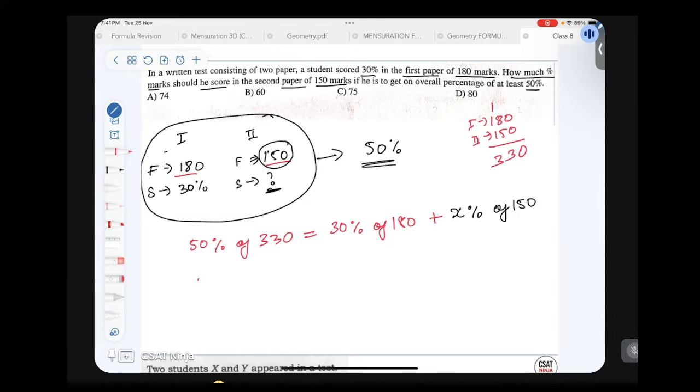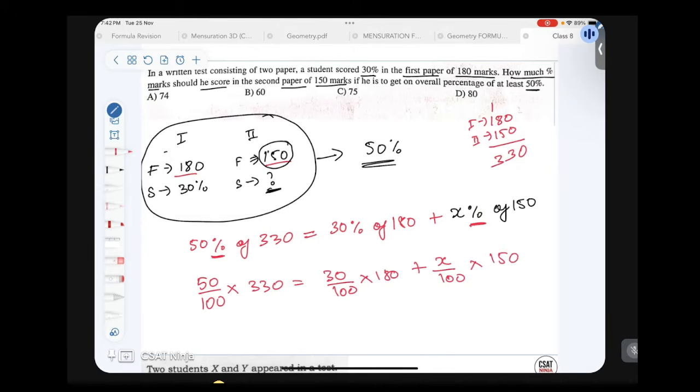So 50% means 50 divided by 100. I need to convert the percentage to a fraction. Of means multiplication: 50 divided by 100 into 330 is equal to 30 divided by 100 into 180 plus x divided by 100 into 150. Same thing, I'm converting the percentage to fraction.